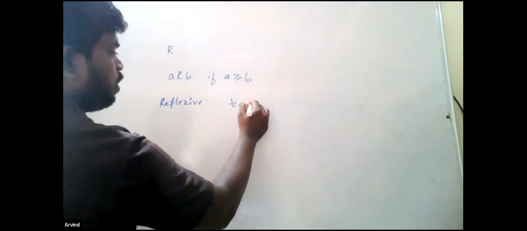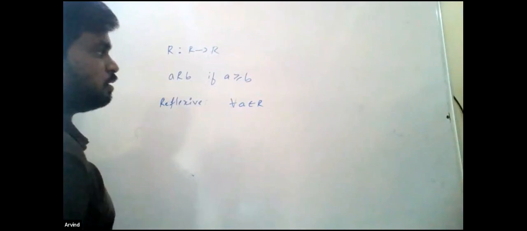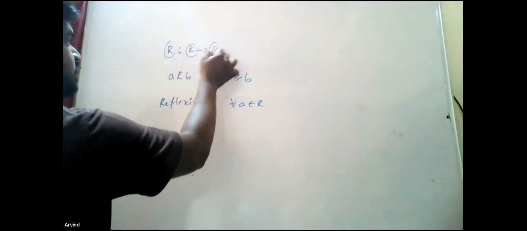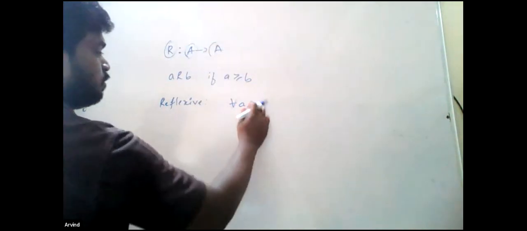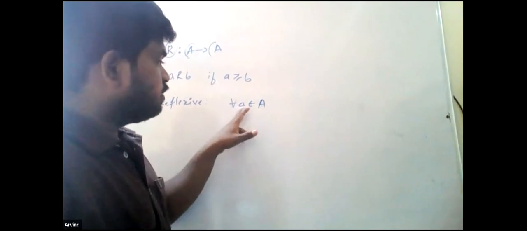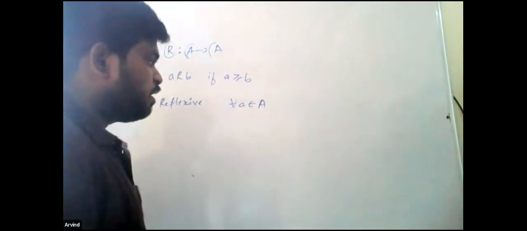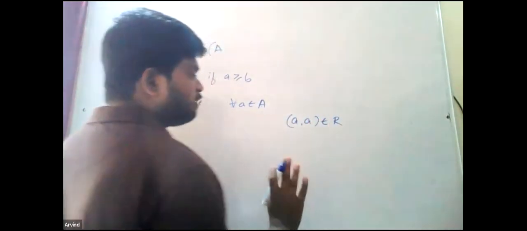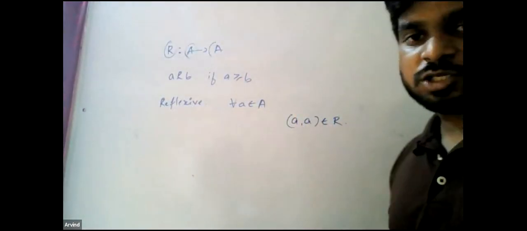For all A belonging to R. This relation is defined from R to R. Okay? This is the relation, this is the set. If you get confused, let us take it as A. For all A belonging to A. That means you take any number from the set A, then you just have to check whether (A, A) is in the relation. You have to check whether (A, A) belongs to R.